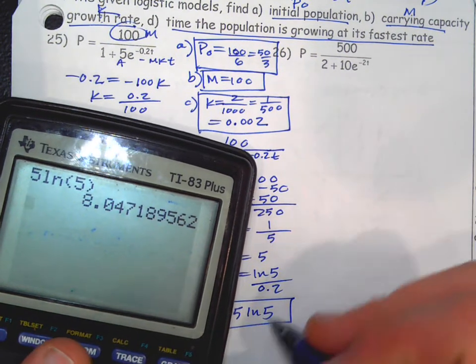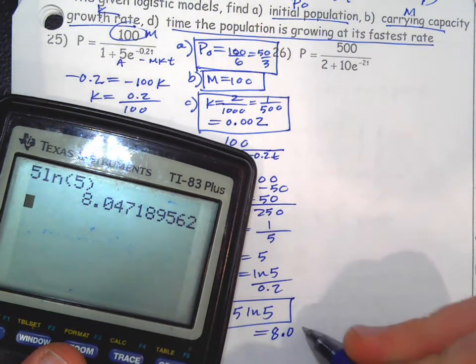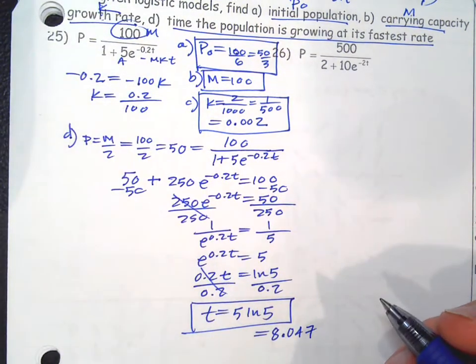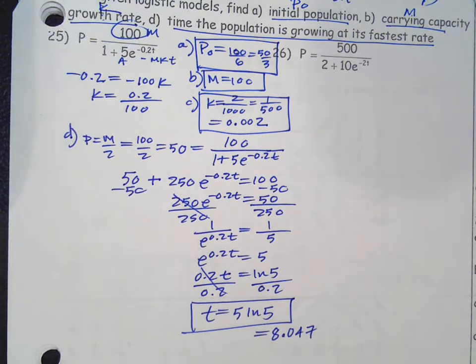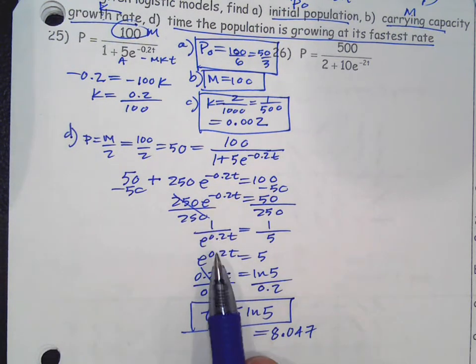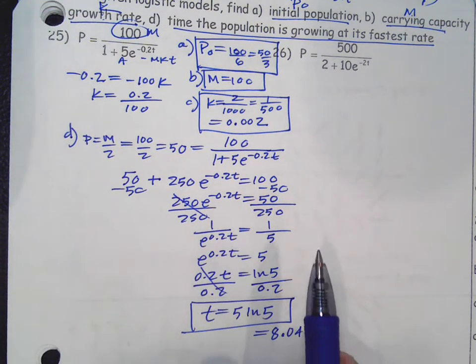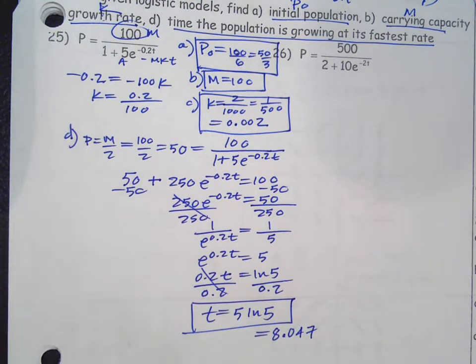Yep, same thing. Not that you're going to use a calculator on this, but you got the same thing. In my work, I didn't rewrite it with a positive exponent at first, so it was kind of messier. Okay, so that's what we're doing.